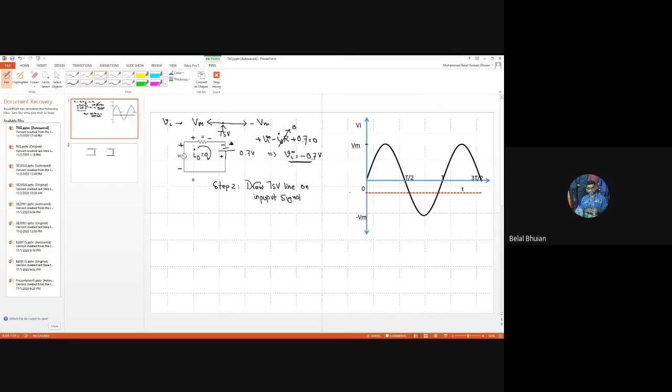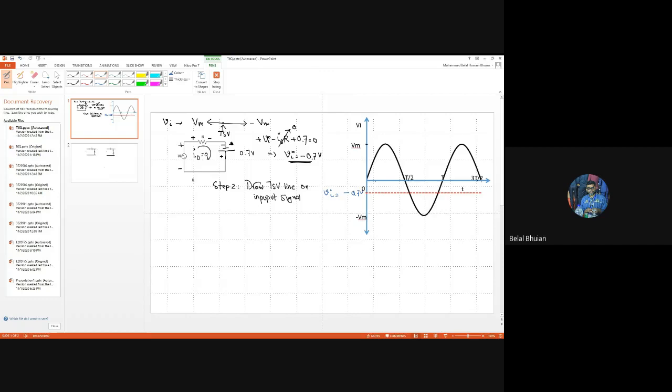This is the line where the value of Vi is minus 0.7 volt. So Vi is equal to minus 0.7 volt, this line. Now how is this line significant?